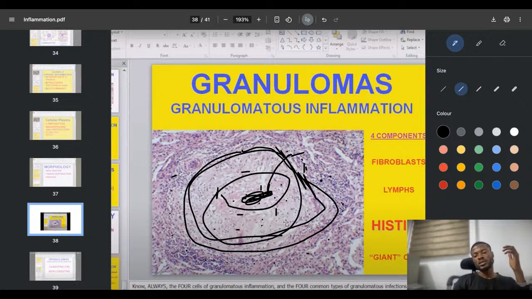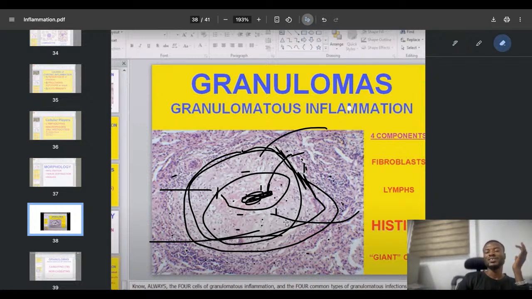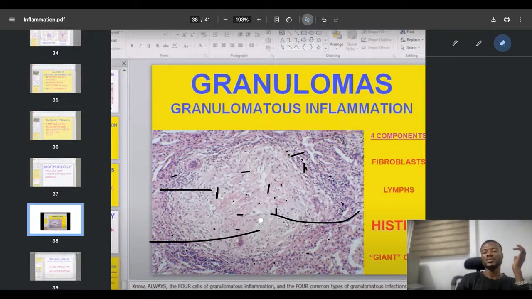Or the patient's immune system is going to break down, and then the granulomatous infection is going to spread to other tissues. That is the bane, that is the issue that TB patients are dealing with.